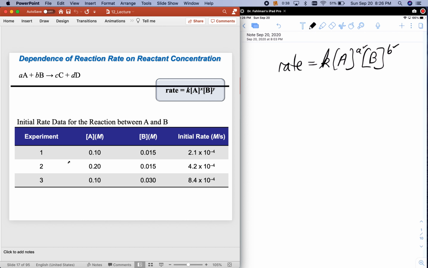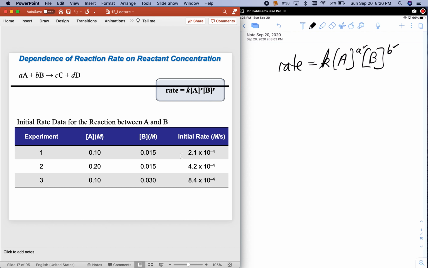If we look at experiments 1 and 2, B is held constant and A is being doubled, right? 0.2 divided by 0.1 gives 2. And 4.2 times 10 to the minus 4 divided by 2.1 times 10 to the minus 4 also goes up by 2.